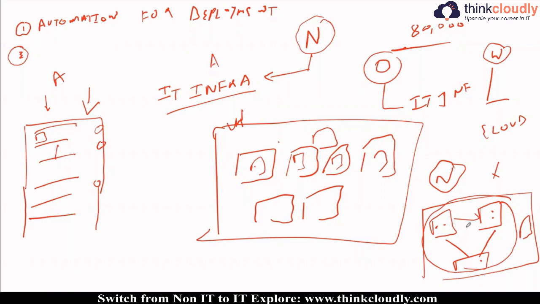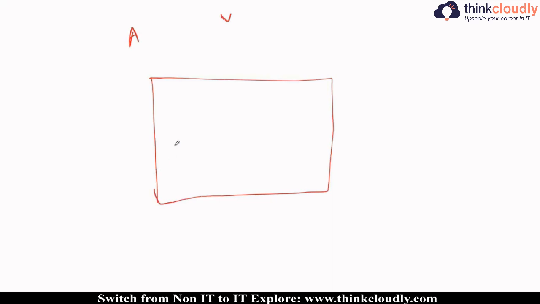Now let's imagine that I am working as an architect. I am given a task: I'm working on a WhatsApp application, and I have to design the backend IT infrastructure.